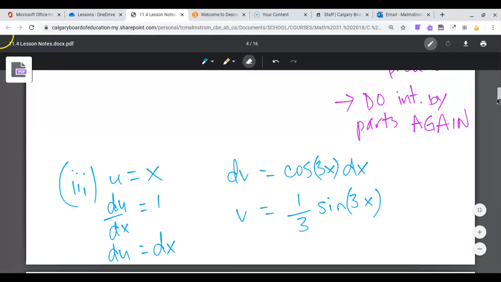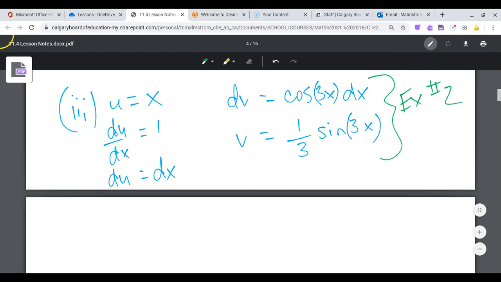Okay, so maybe you're saying, hey, Malmstrom, we did this already. This was example 2. So we can cheat a little bit on this question because we already know the answer to this. From example number 2, we have the answer.